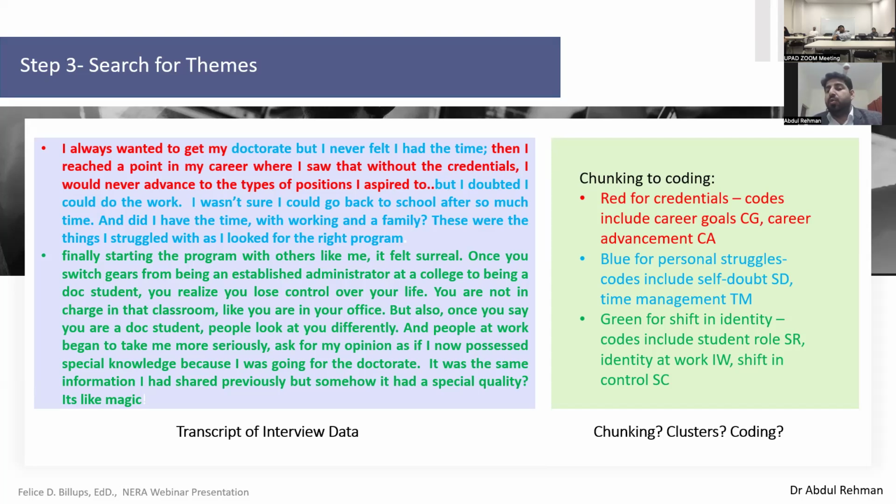I wanted to get. I reached a point. So in blue, what are the themes hidden in it? Self-doubt, time management. So these are themes which are hidden in the blue. And what are the themes hidden in the green? We will search them. Green is for shift in identity. Codes include identity at work, shift in control.